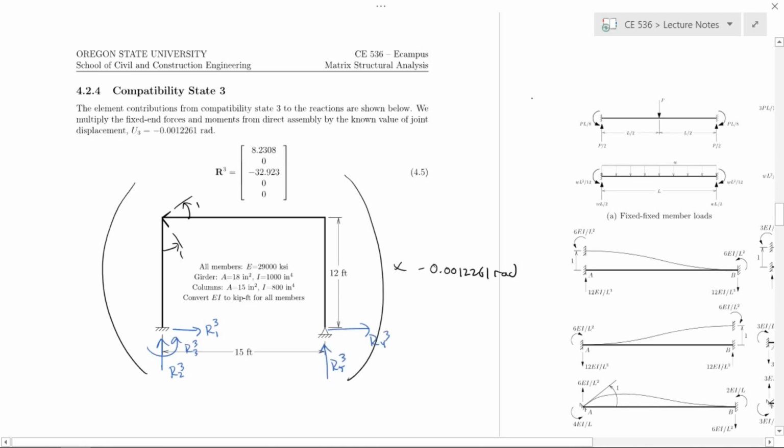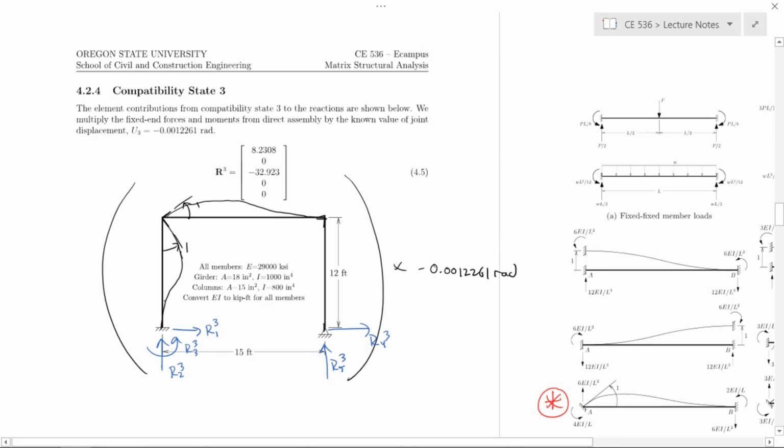Okay, and next we can look at the fixed end forces and moments occurring at the support locations. Okay, so looking at this case here, that'll apply for both the girder and the column, turn it 90 degrees, right?